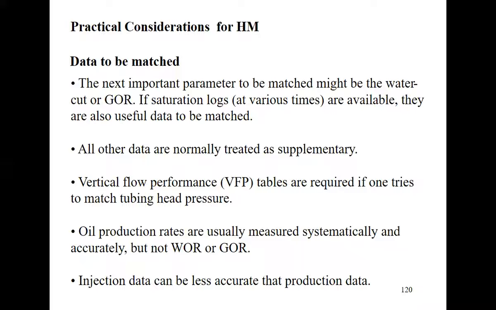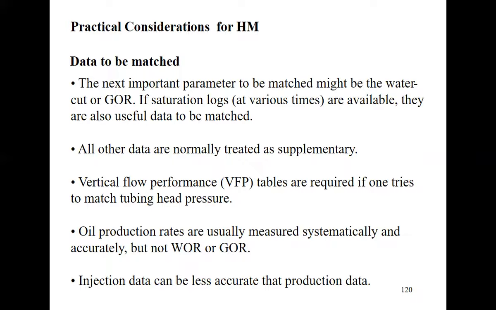Oil production rate is usually measured systematically and accurately. But the WR and GR we are not measuring, but we assume that they are okay because they are just ratios of what we are measuring. Injection data can be less accurate than production data.